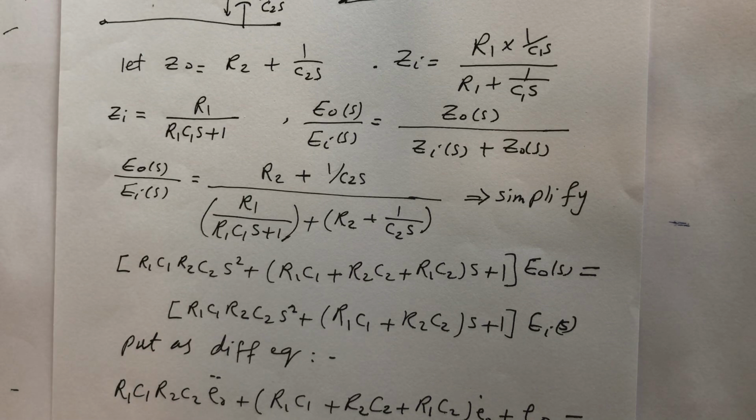Now, you can go into the time domain, put it into a differential equation, and you remember from differential equations, you start to assume let x1 equal a1, x2 equal a1 dot, and things like this, which is the usual method that we do.